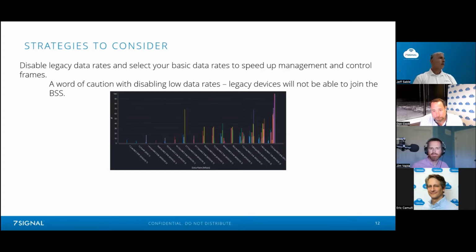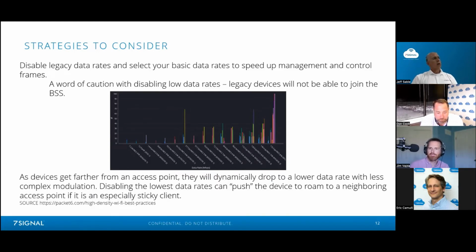One of them is disabling the legacy data rates, the slower data rates, and that will help in a few different ways to speed up the management and some of the overhead that goes along with data moving through Wi-Fi. But as a simple reminder, if you disable lower data rates, you're basically going to cut off legacy devices. So you need to be aware, if you make that decision, that some of the devices in your environment may not be able to connect.